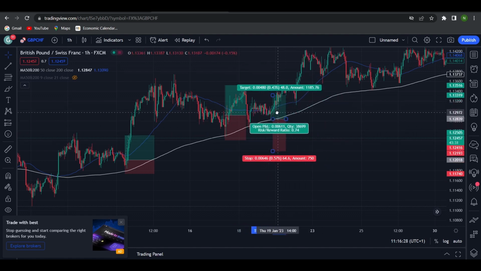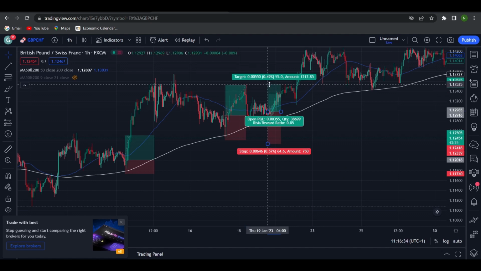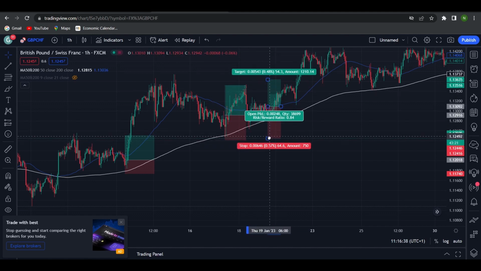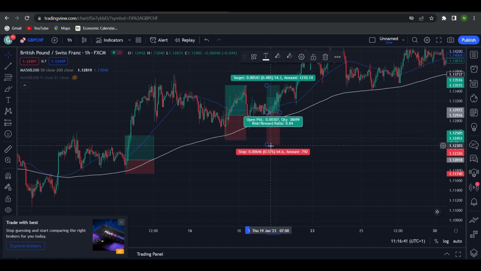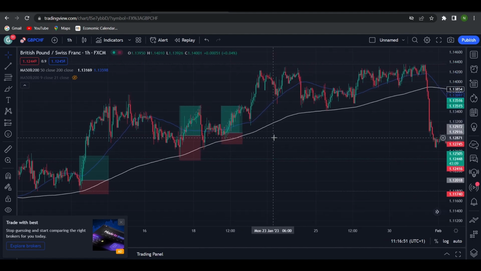So instead, I would have entered right here, and my take profit would have been the same as before, because it failed to make a new high, and I would be setting my stop loss again around the wick that we have here. So another trade that we've gotten, and eventually price hit our take profit.